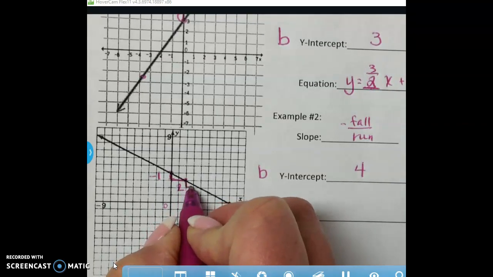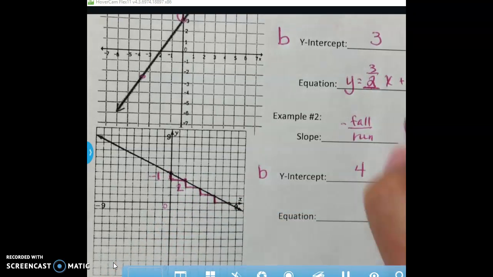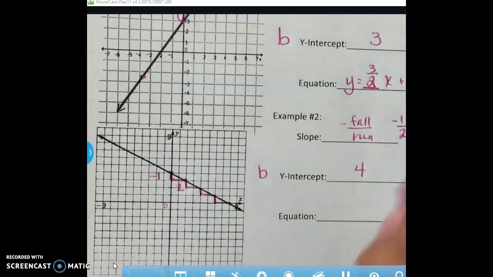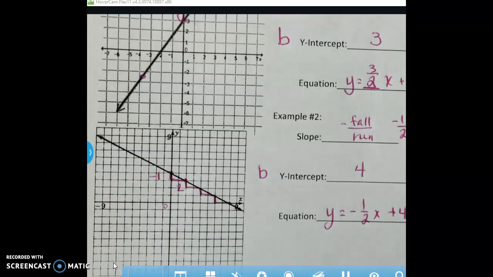Fall 1, run 2. So negative 1/2. Y equals negative 1/2 x plus 4. It is a negative slope. I have a negative ratio. My line is falling. I have all the things in front of me to confirm that behavior.